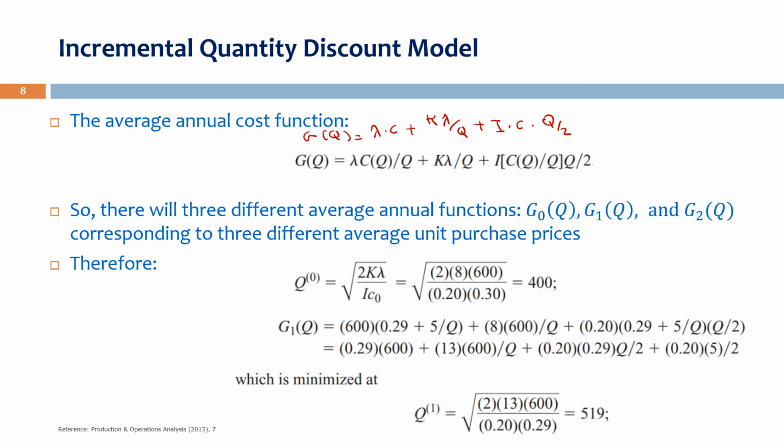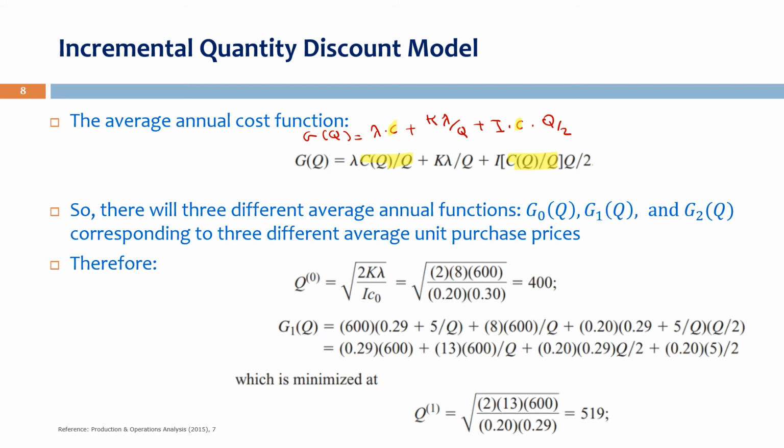So for the C, we have this term, C(Q) over Q, which is the average unit purchase price. So by having that average unit purchase price, we can write the average annual cost function for every interval.